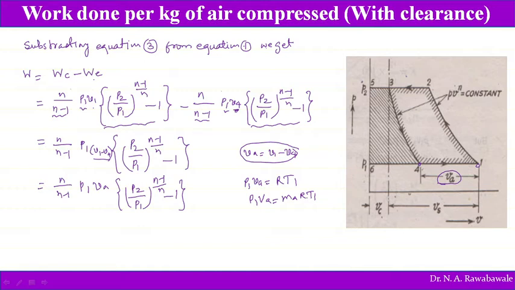So therefore this equation can be written as n divided by n minus 1 times T1 bracket P2 divided by P1 to the power of n minus 1 divided by n, minus 1.